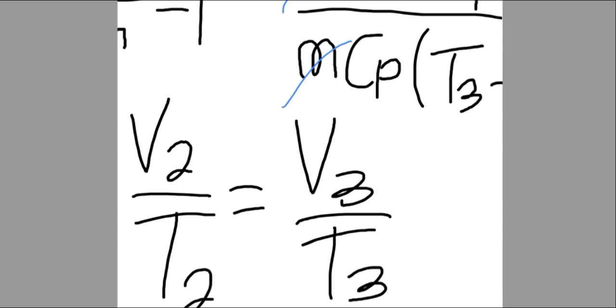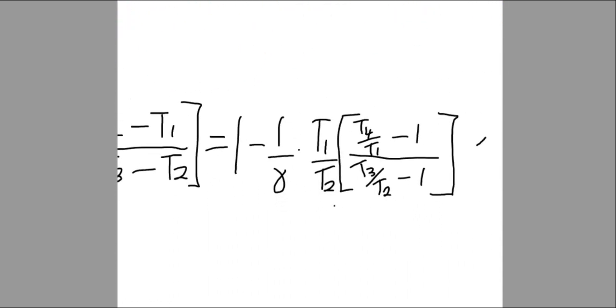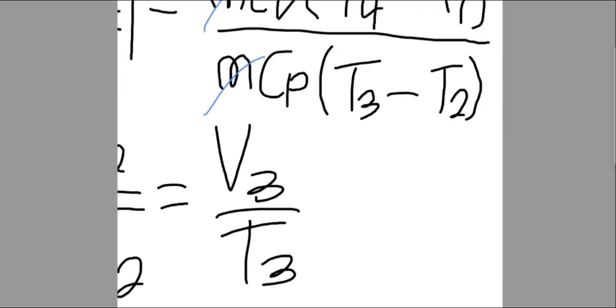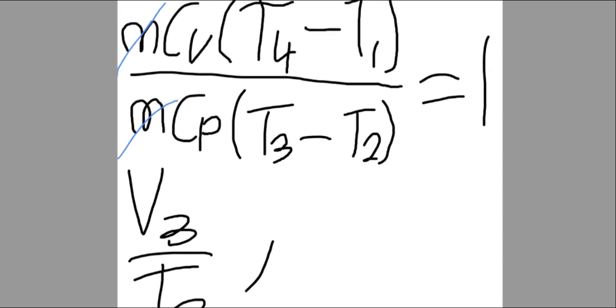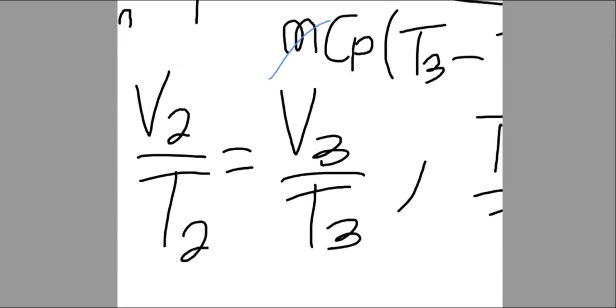Now let's look at what we were dealing with over here, which is our T3 over T2. We try to make our T3 over T2 the subject of the formula. We multiply both sides, so T3 over T2 would be equal to our V3 over V2.